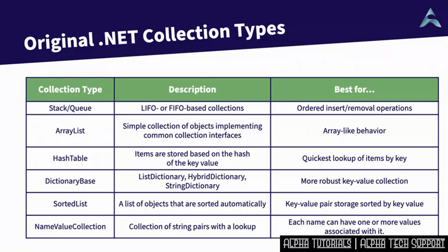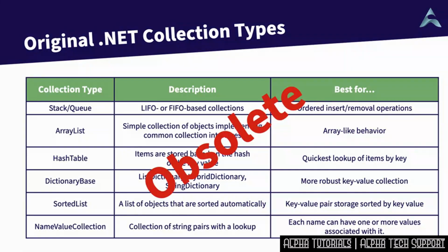Got a Hashtable for using a hash of a key to look things up. Got a DictionaryBase, which allows us to have a variety of different implementations for a dictionary, again, a key value sort of storage, SortedList, and a NameValueCollection where we can have a name that has one or more values.